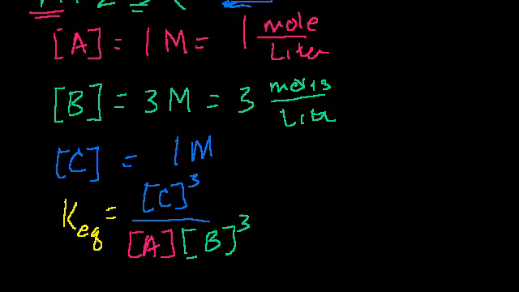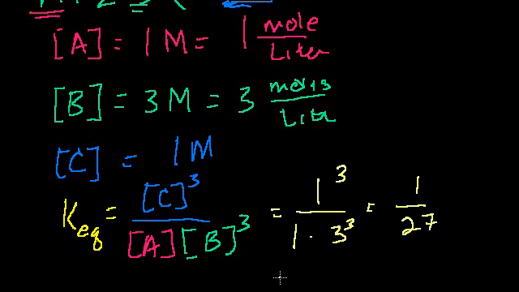So if we needed to calculate this, the concentration of C is 1 molar, and we're raising it to the third power, divided by the concentration of A, which is 1 molar, times the concentration of B, which is 3 molar, to the third power. So this is equal to 1 over 27.